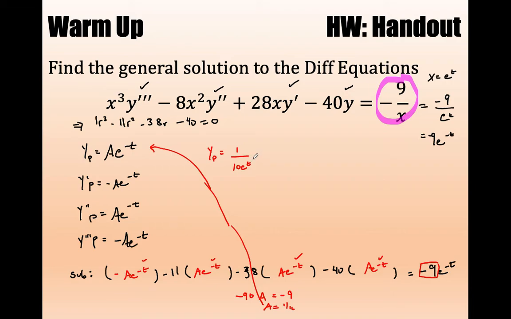And of course, when you translate this back, and remember the transformation we used was x is equal to e to the t, so this still ends up 1 over 10x, which is just what we had before, right?